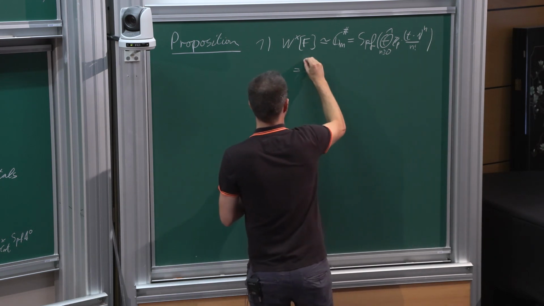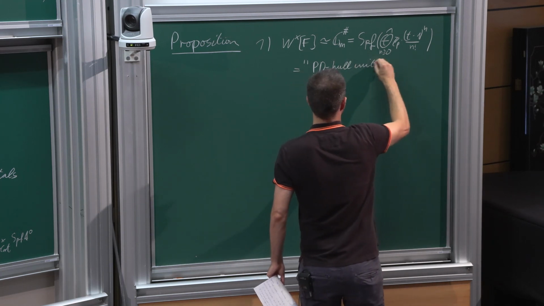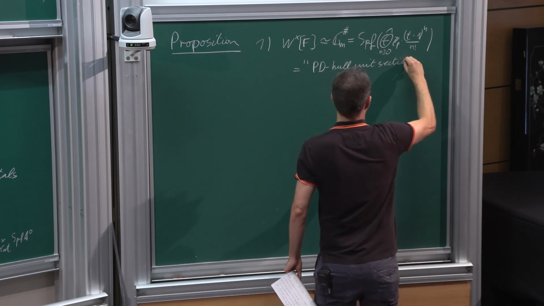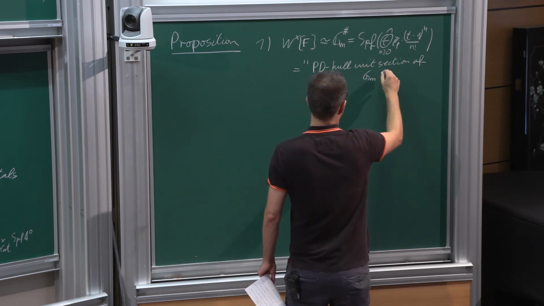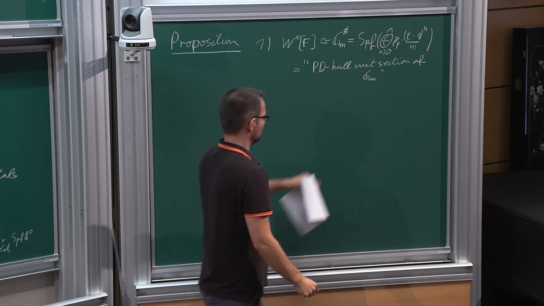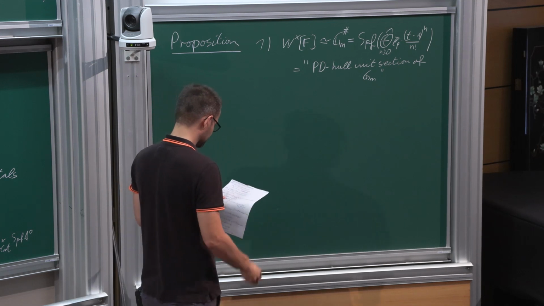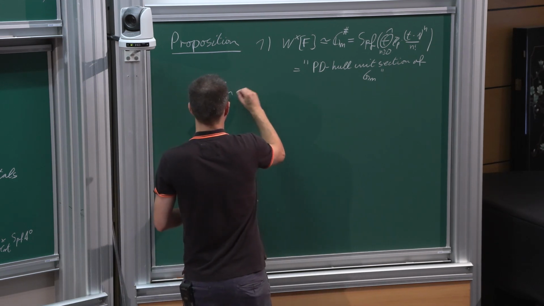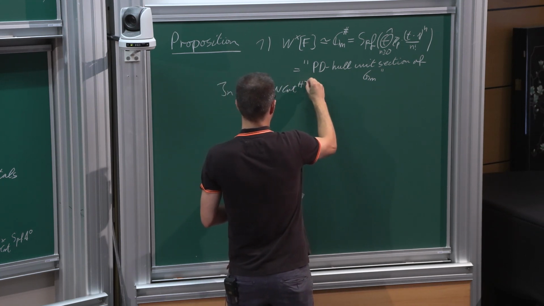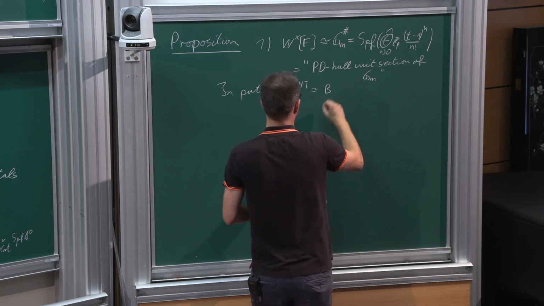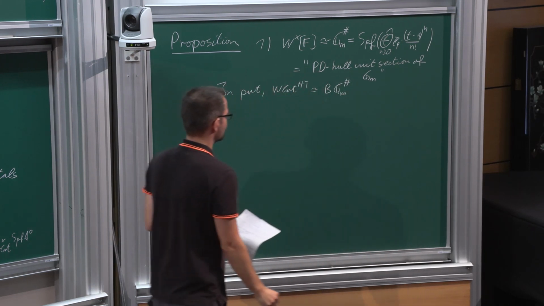So in other words, that's the PD hull of the unit section of G_m, p-completed. And so in particular, the Hodge-Tate locus in the Cartier-Witt stack identifies with a classifying stack for this group scheme.